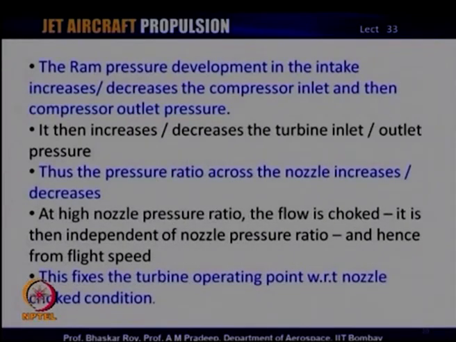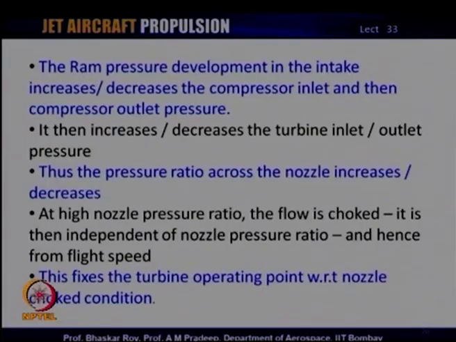Now, the ram pressure development in the intake increases or decreases the compressor inlet and then the compressor outlet absolute values of the pressures. These increases and decreases also affect the turbine inlet and outlet absolute values of the pressures, and thus the pressure ratio across the nozzle increases and decreases. So, the absolute value of the pressure delivered to the nozzle entry also increases and decreases with the ram pressure across the intake.